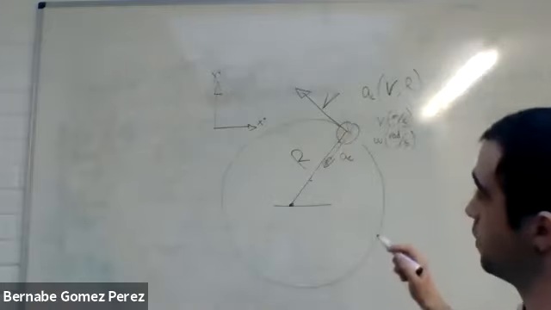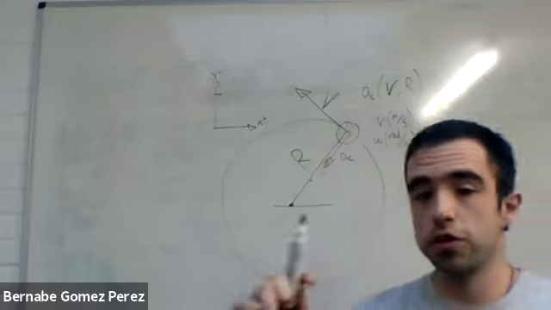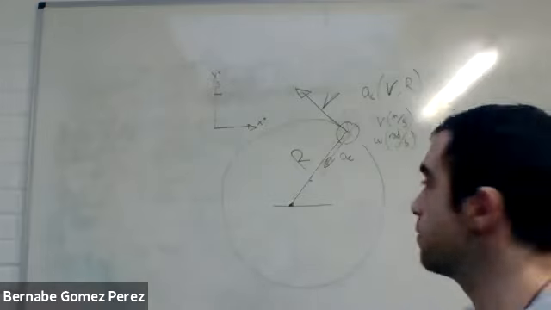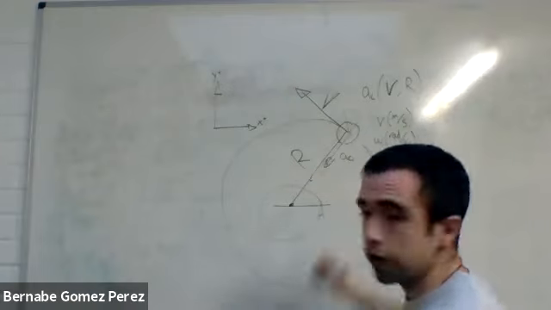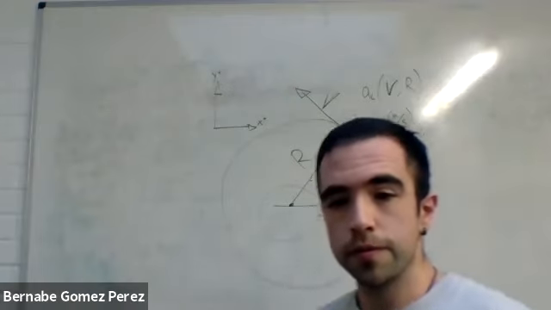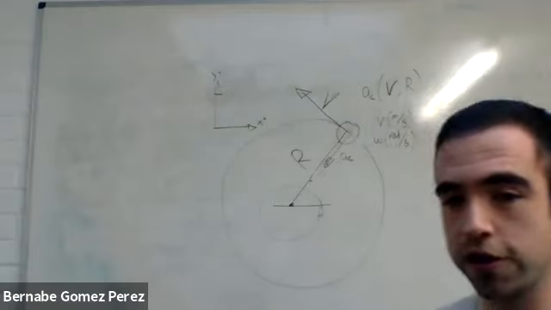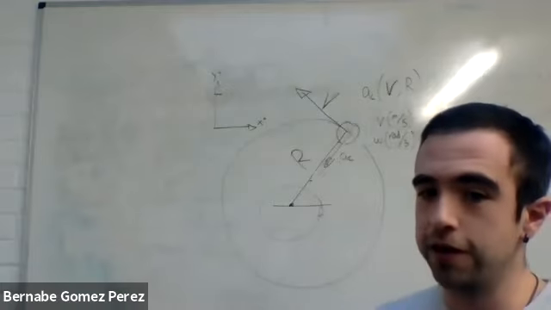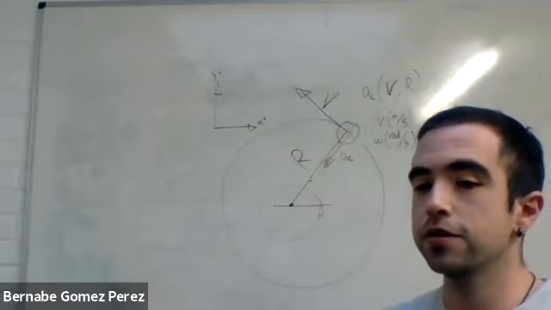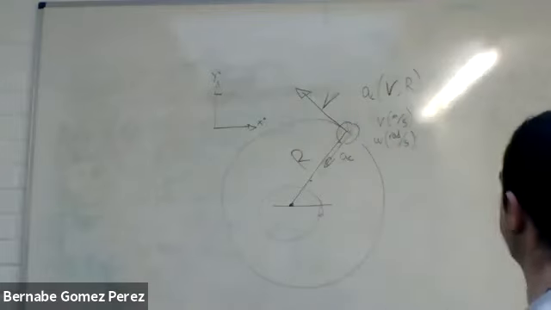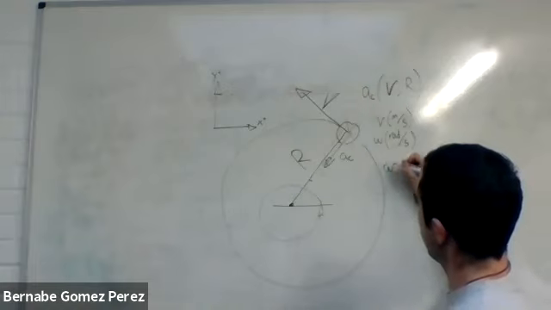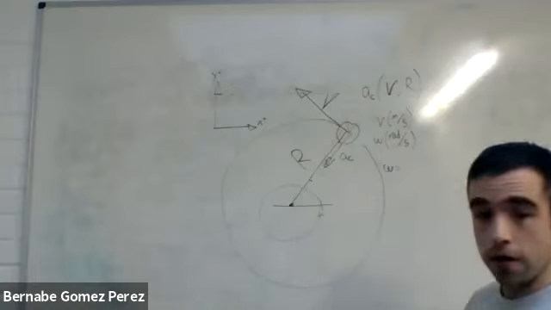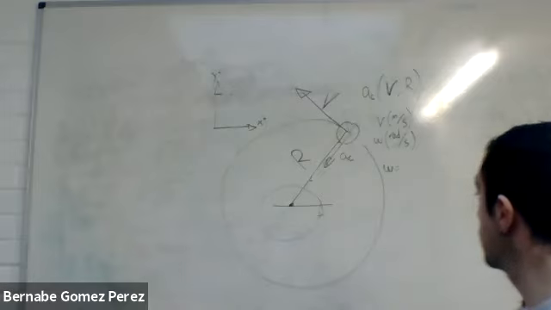So the first thing that we need to know, and the most important thing that we need to know in circular motion, is how many radians is a full circle. How many radians is a full circle? It's 360 degrees, and it's 2 pi. Perfect. So how do we calculate angular velocity?